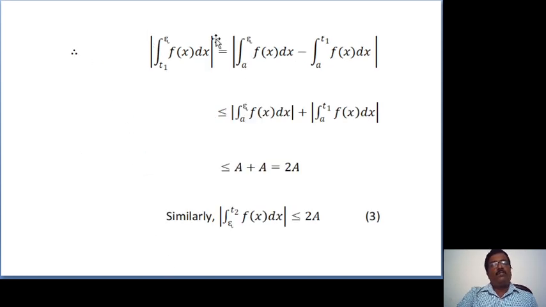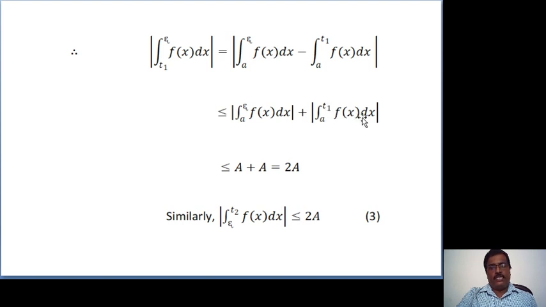Therefore the absolute value of the integral from t1 to epsilon of f of x dx is equal to the absolute value of the integral from a to epsilon of f of x dx minus the integral from a to t1 of f of x dx, which is less than or equal to the absolute value of the integral from a to epsilon plus the absolute value of the integral from a to t1.